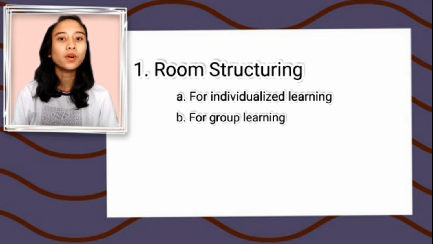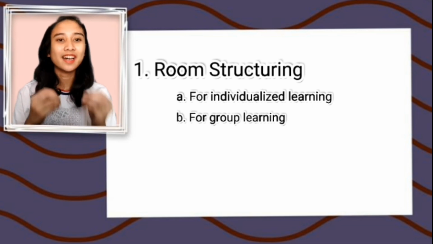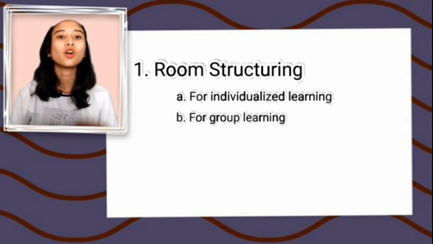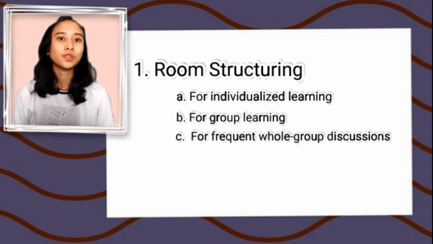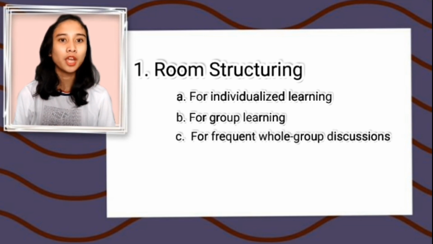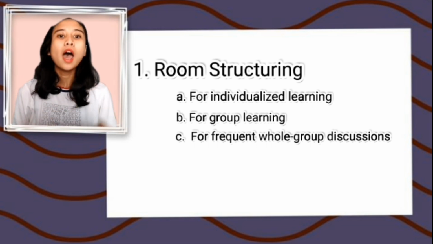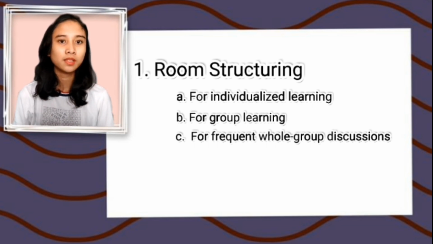A group of four is ideal for cooperative learning. For whole class discussion, a U-shape or circular arrangement is best because it allows all students to have a front row seat, making discussions more interactive and inclusive.